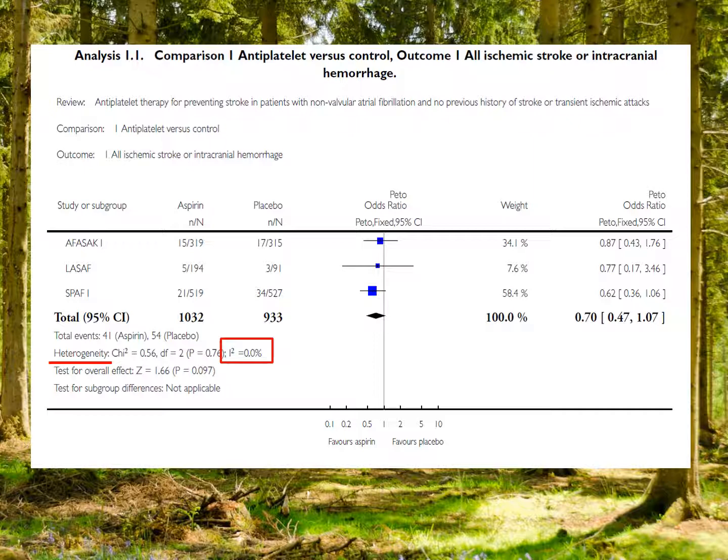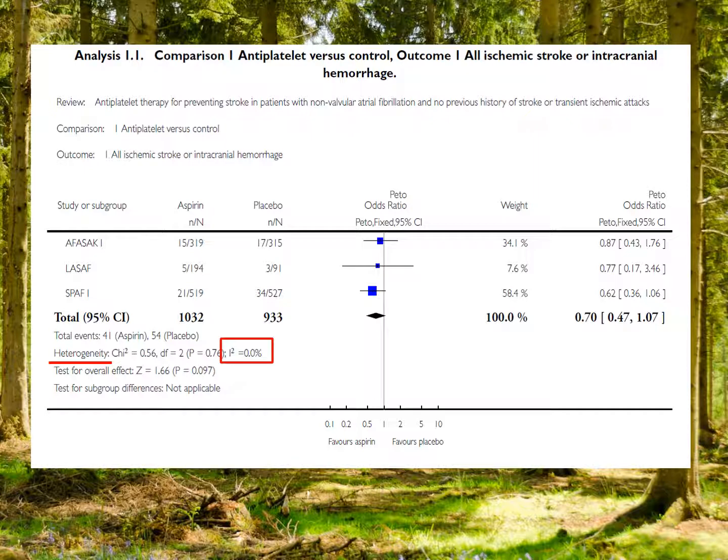How many patients in that arm, in the placebo, in that study, had ischemic stroke or intracranial hemorrhage? 17 out of 315. And the same thing in the next study, 5/194 in the aspirin, 3/91. And you can do the same thing again in the third study.